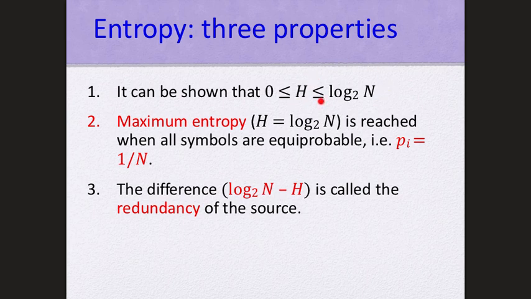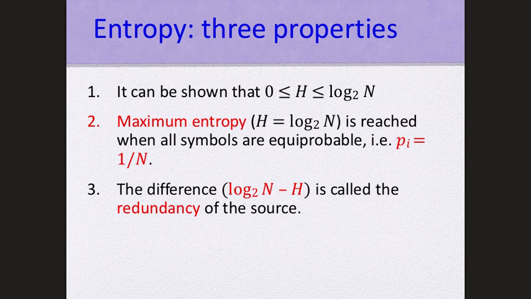And it's going to be the upper limit when what happens? When all the outcomes from the source have the same probability, so they are equally probable. The difference between those two values, the maximum value possible for the entropy and the actual entropy, for example, what we calculated in the previous one that includes the 5/13 and the 4/13 and so on, the difference between that number that we get and the maximum possible number is called the redundancy of that source, and this is the amount of required bits that you can remove by using lossless compression, for example, by using Huffman coding, okay?